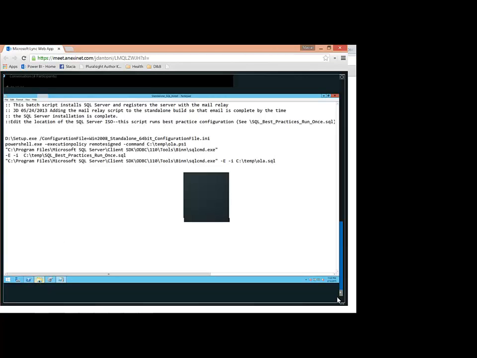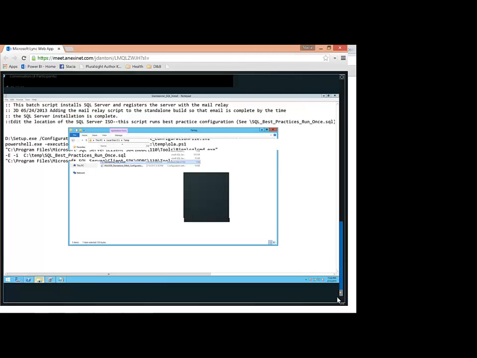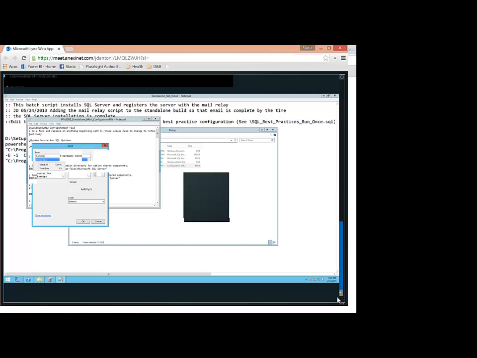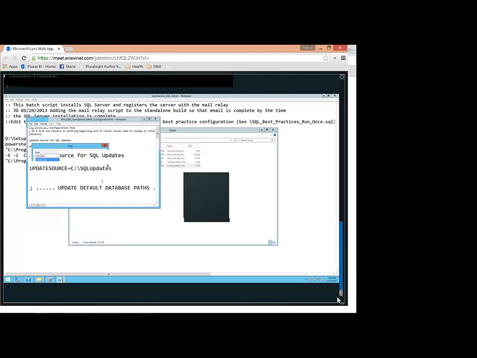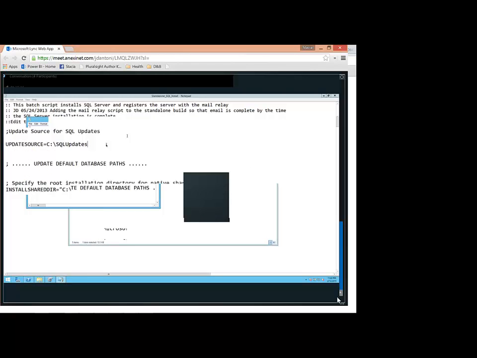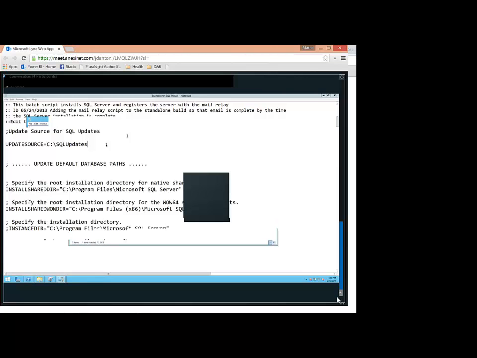So let's take a look at our configuration file here. The first thing we're doing is calling our update source. I'm using a local update source here, c:/SQL updates. The next thing we're going to do is start the database path. A lot of people like to put SQL Server on the D drive, separate from Windows.